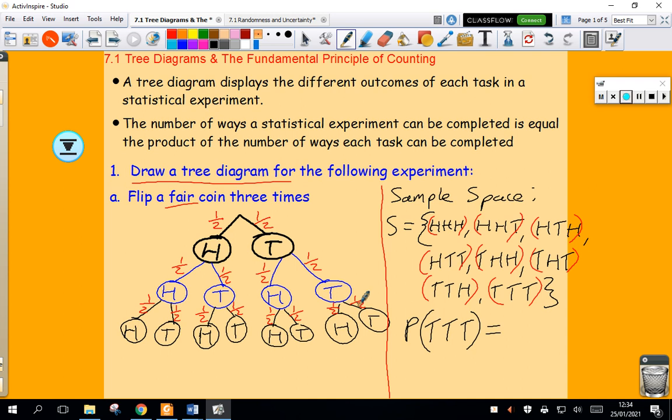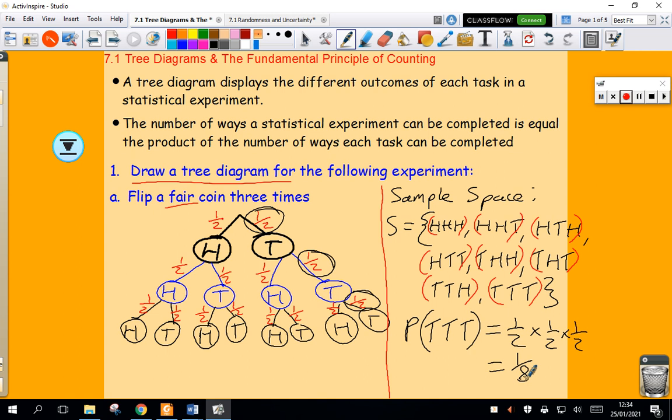The probability of tails on the first and tails on the second and tails on the third is a half by a half by a half, which is 1 over 8. So there's a 1 in 8 chance that when I flip 3 coins, I'll get 3 tails.